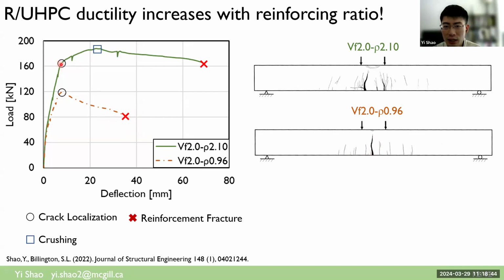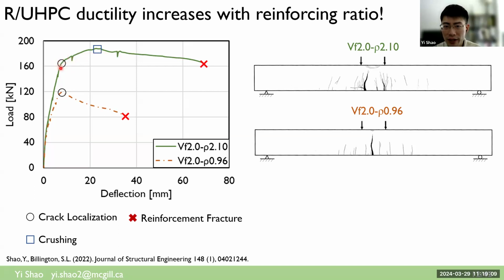On the other hand, for this green line with a high reinforcing ratio, because we have a higher amount of steel rebar, the strain hardening capacity of steel rebar compensates for the fiber bridging loss, or the flexural tension capacity reduced due to the fiber bridging failure after crack localization, and the beam gains an increased flexural load capacity.